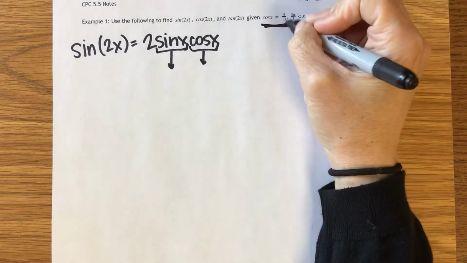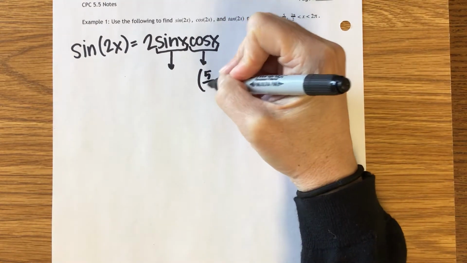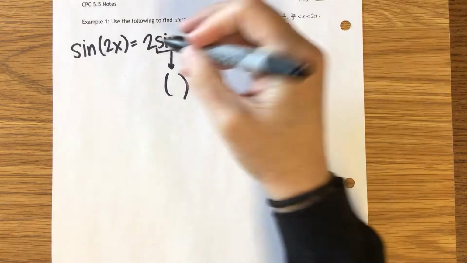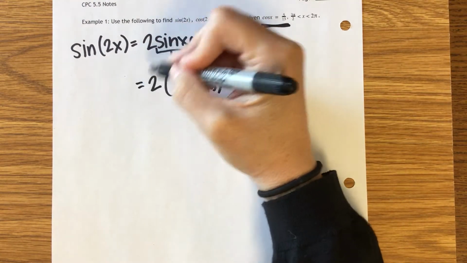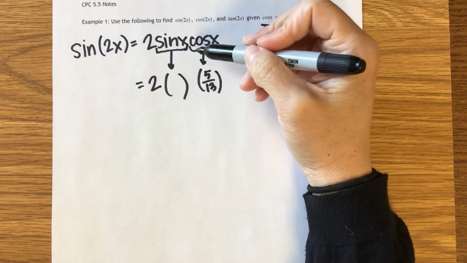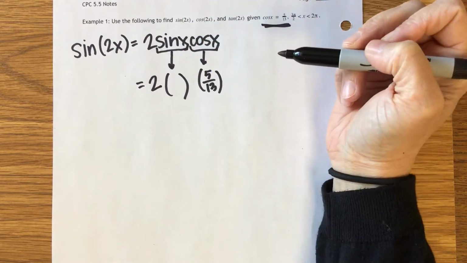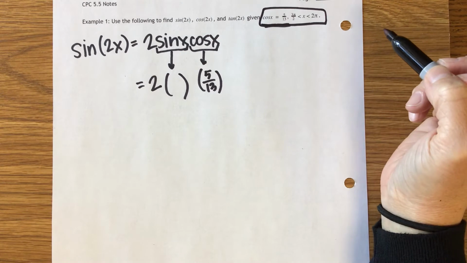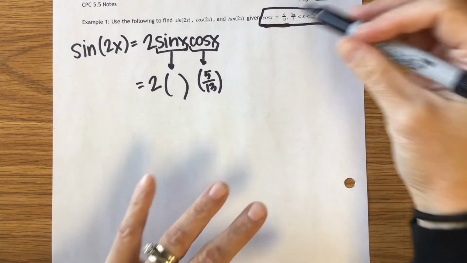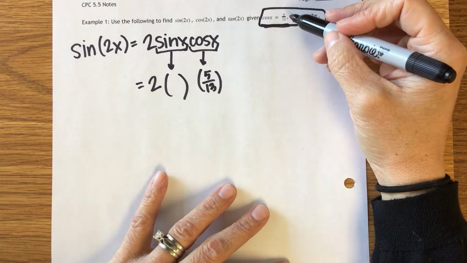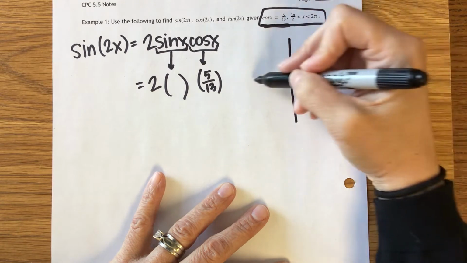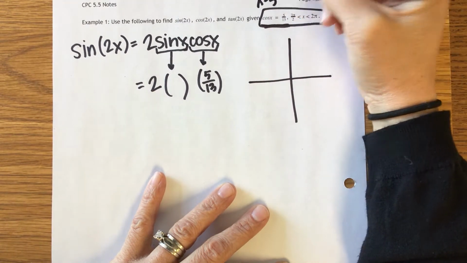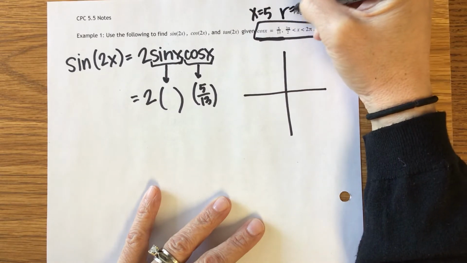Cosine of x I know, it's 5/13. Sine of x, they didn't give me, so I don't know that. And 2, I know is 2. So the only thing missing that I need to complete this problem is sine of x. So what I'm going to do is go over here and look at all the information about x that I was given. First, I was given that cosine is 5/13, which means x is 5 and r is 13.